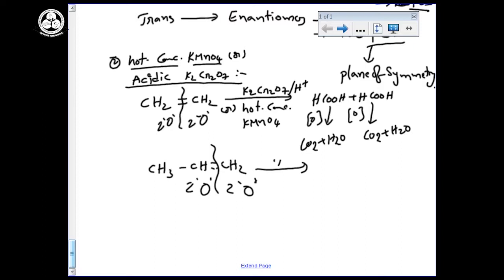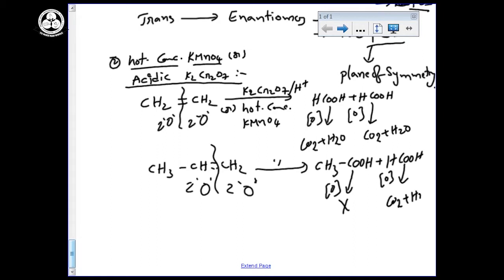Now see, CH3COOH, acetic acid, and the other one is formic acid. Acetic acid cannot be oxidized further, but formic acid is immediately converted to CO2 and water.